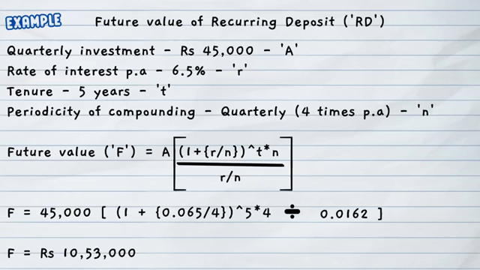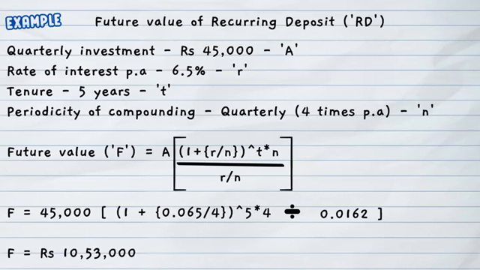But again, remember, because the compounding is happening quarterly and not just once a year, the r has to be divided by the number of times it's compounded, r by n, so that the time period matches. It's not per annum, it is quarterly, as well as the t, the tenure should also be in quarters, so t into n. Got it? So when we substitute the values in this formula, we get the future value of the recurring deposit as rupees 10,53,000.